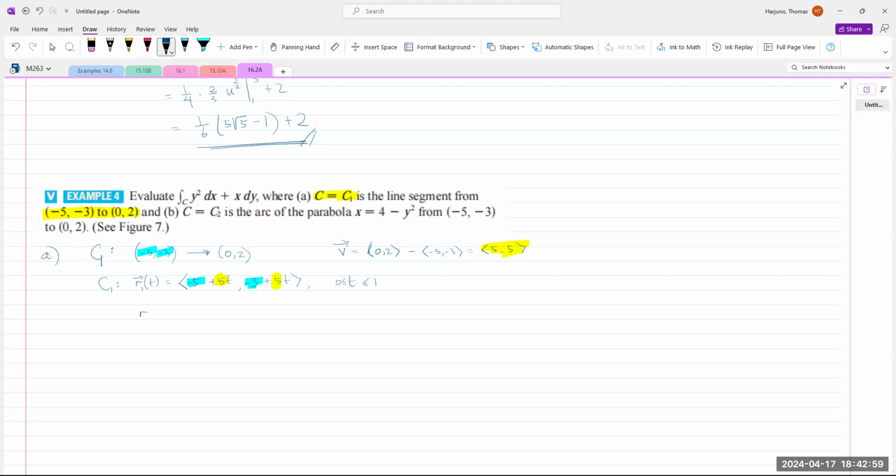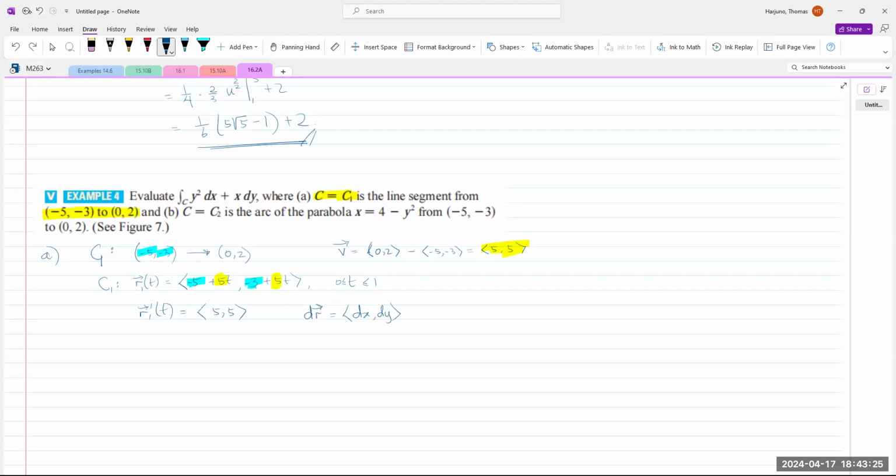So what is r prime 1(t)? That will be, well, just 5, 5. Now notice here they don't ask for ds. What they want is dx dy, which if you think about it, is basically the differential of dr, right?